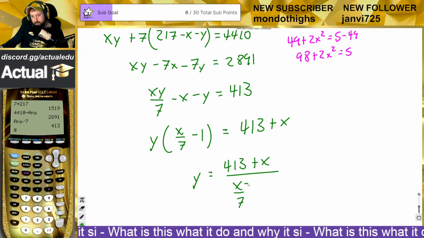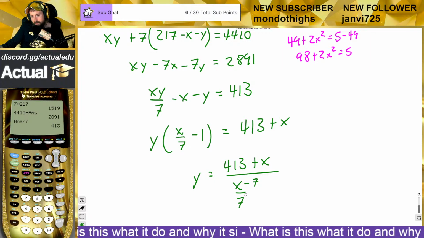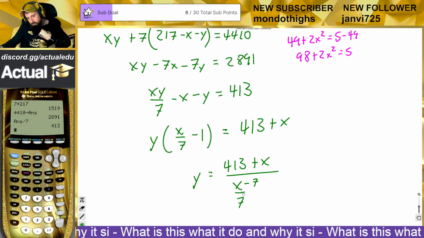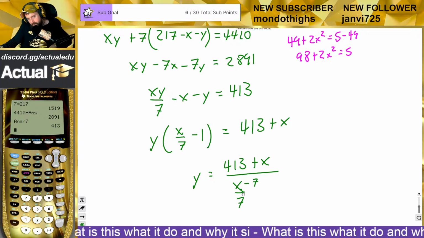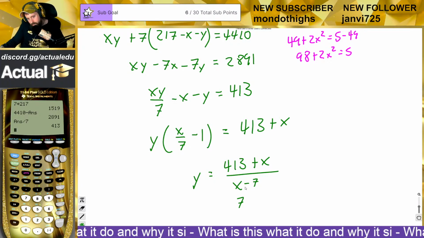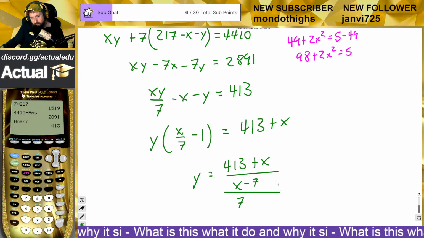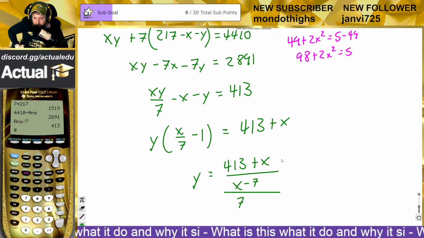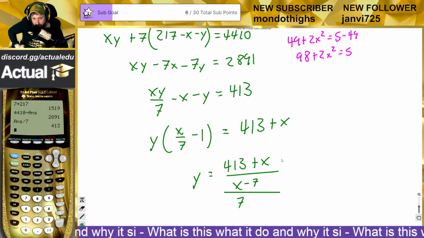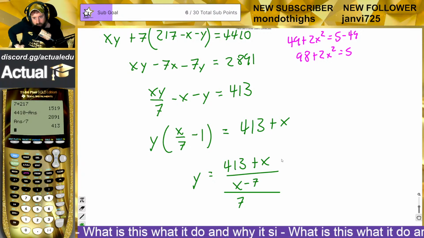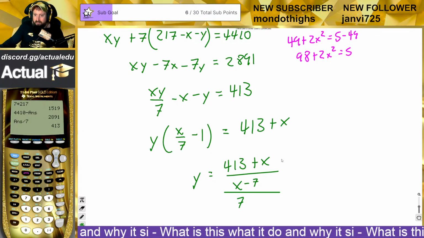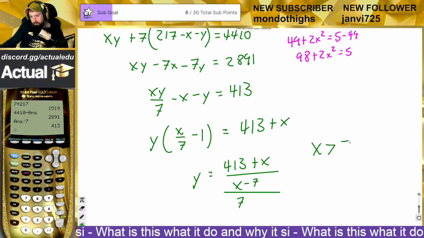So this is (x minus 7) over 7. x has to be greater than 7. That tells me that. That's cool. Because y can't be negative. So x must be greater than 7.